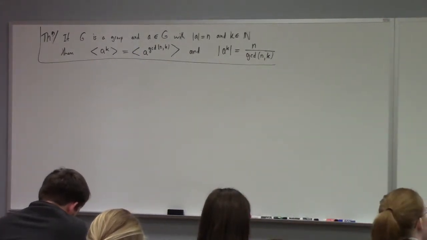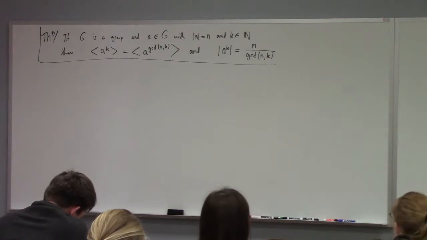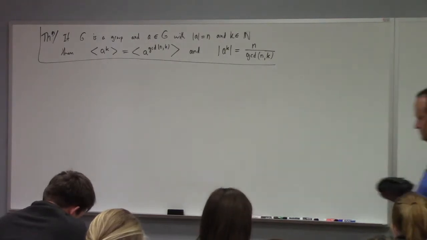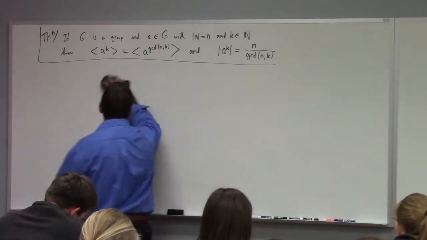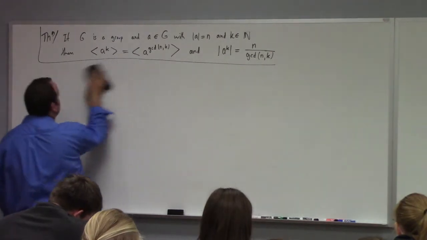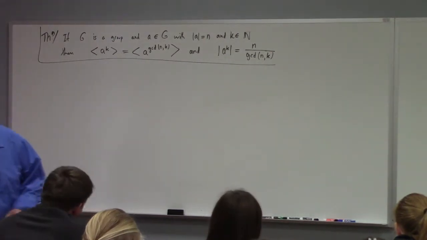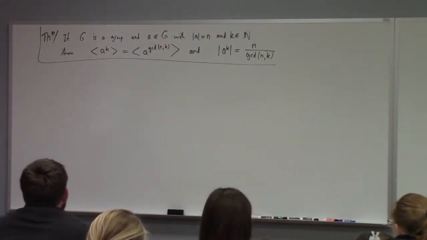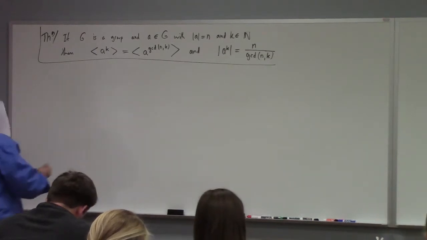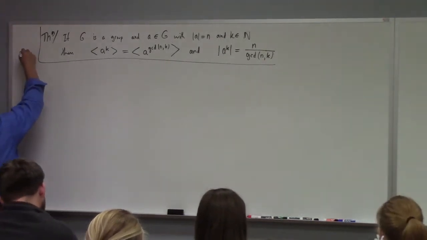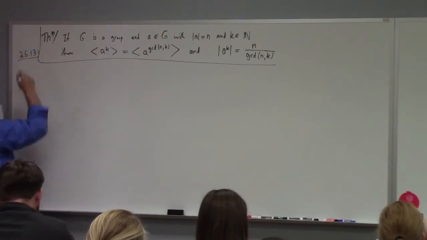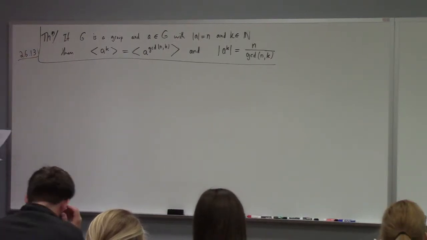I'm going to try to prove this thing here, which is Theorem 2.6.13 on page 65 of my notes. So I'm going to try to prove this somewhat carefully. Here we go. Proof.